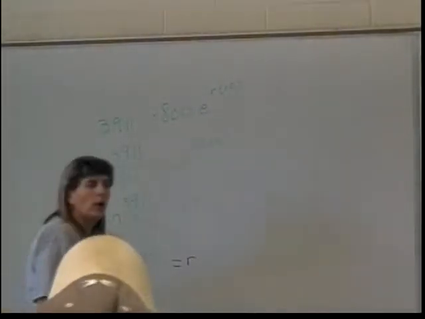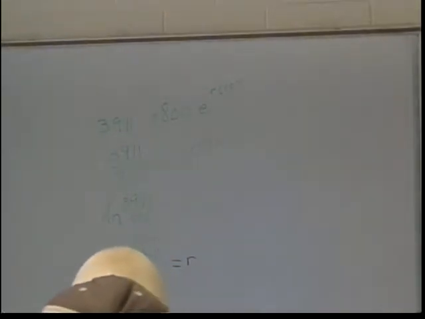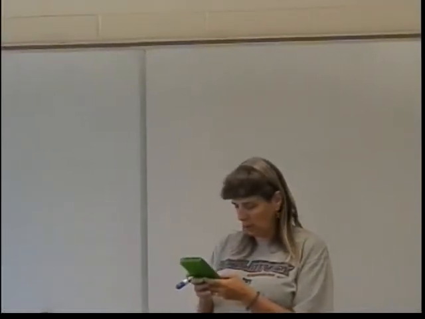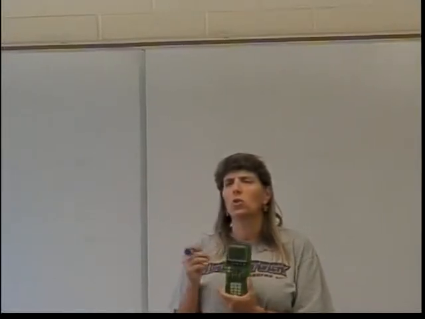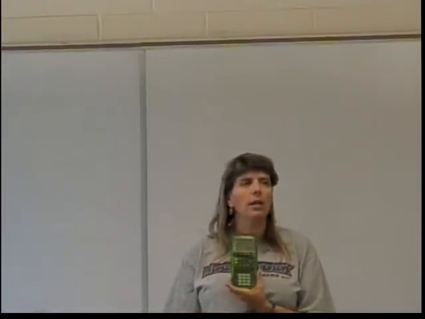How do you store a number in your calculator? Anybody know? Yeah, you have a lovely little store button. So while I'm at it, I'm going to store this one, the natural log of 3,911 divided by 800 over 10. You hit your store button, and it's usually standard to store under letters. So the next button you probably want to hit is your alpha button, and then pick a letter you like.